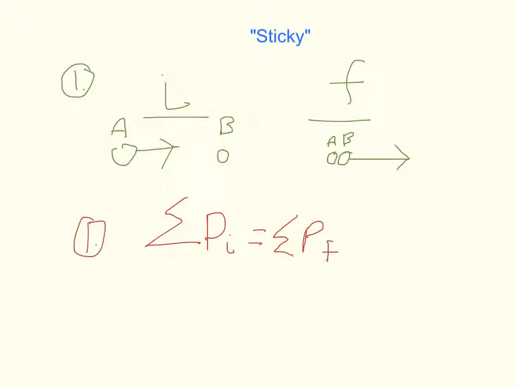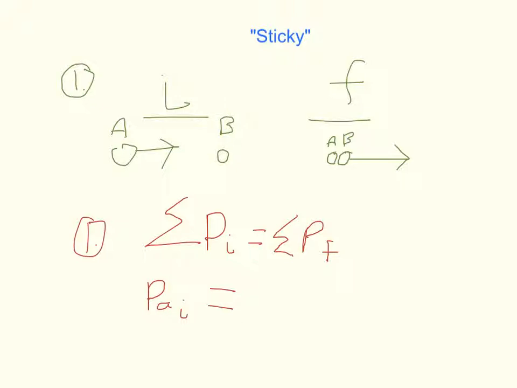And before the interaction happens, I have one object with momentum, and that is object A. So initially, the momentum of object A will be equal to the momentum of A and B moving together as one single object.